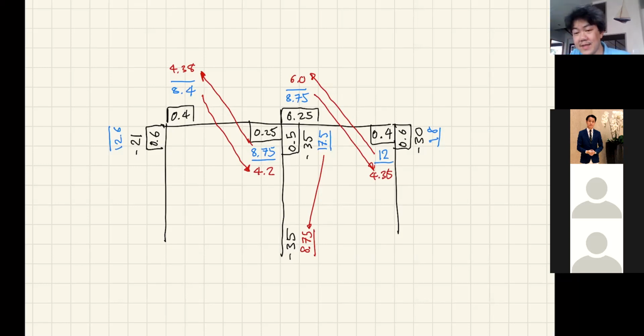So you balance another round. Let me just do it for you, because you may be curious a little bit. We have 4.38 on the left column. We're going to need to balance that, and we have minus 1.75 here. That's the end of the second cycle for this, and then minus 2.62.